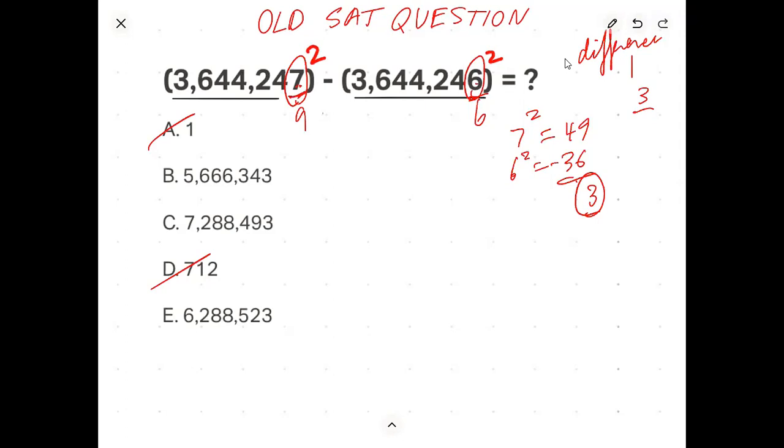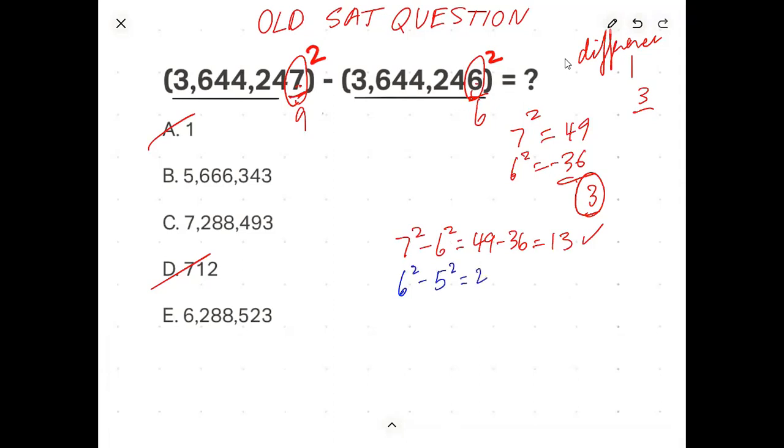So I actually looked at this and I said, hey, I noticed that 7 squared minus 6 squared is 49 minus 36, which is 13. So I said, wow, that's just 7 plus 6, right? So I said, okay, let's try another one. I made another problem. What's 6 squared minus 5 squared?